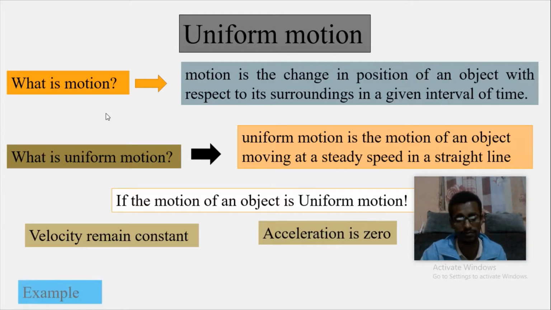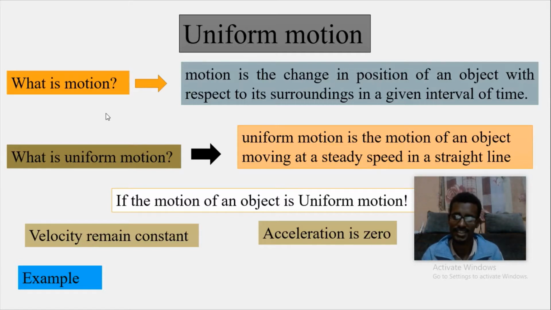If velocity remains constant, acceleration is zero. Dear students, don't forget that the term uniform means it's just like similar. So when we say uniform motion, the speed of an object is constant, which means its velocity is uniform.